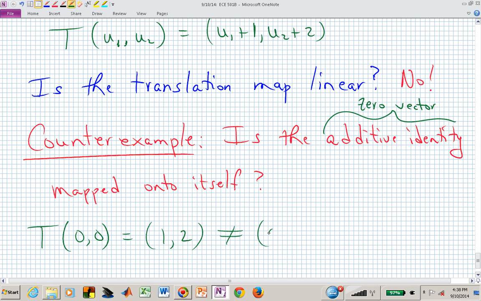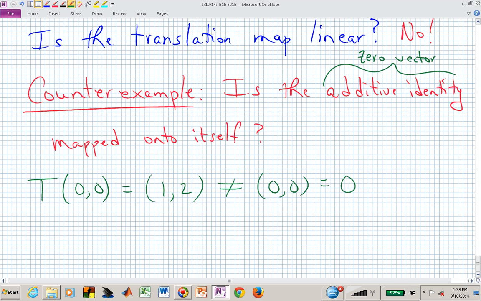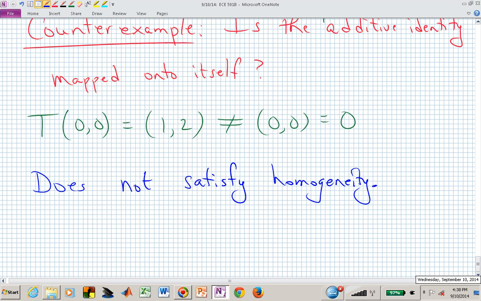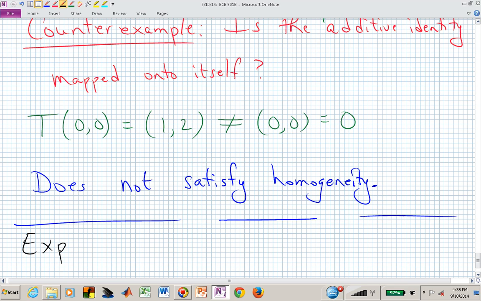That's not equal to 0, 0, which is the zero vector. Which is really just another way of saying it does not satisfy homogeneity for a particular value of scalar alpha. So here's the explanation.